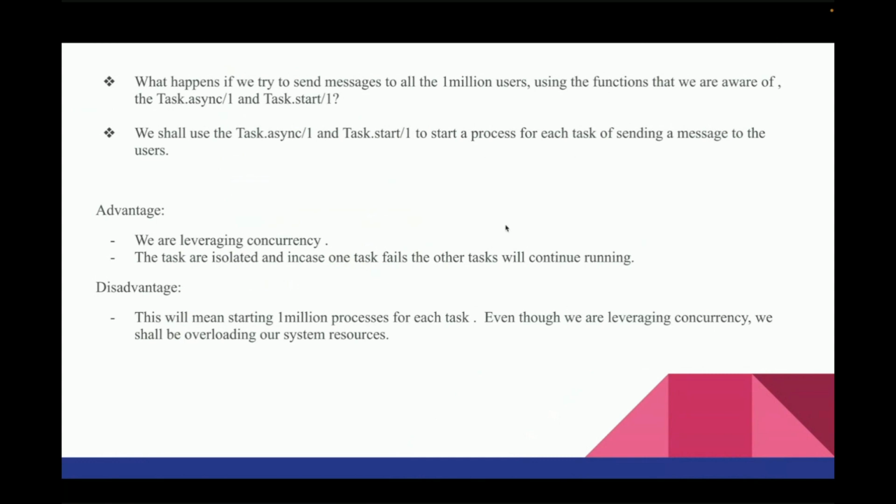But the disadvantage of starting a million processes is that we can end up overloading our system resources, because all the million processes will put sudden pressure, and this pressure can also cause your system to be unresponsive.